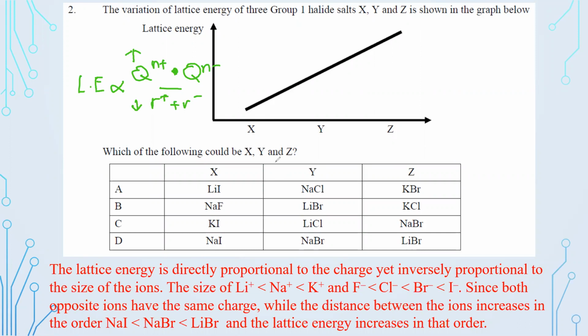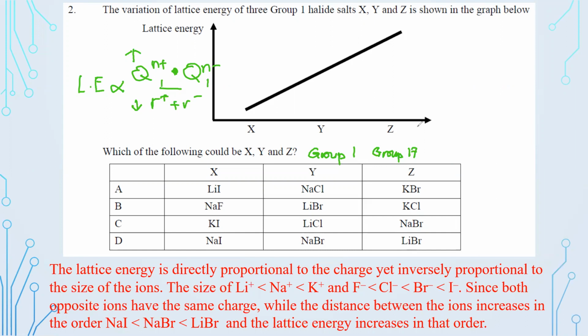Looking at all the choices here, they are all group 1 and group 17 elements, so the charge is definitely going to be the same, which is 1 and 1. So we are going to look at the radius.